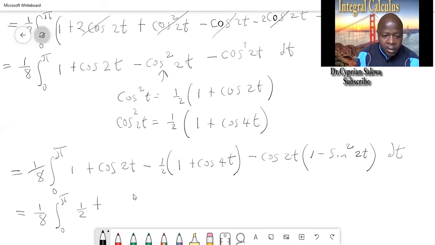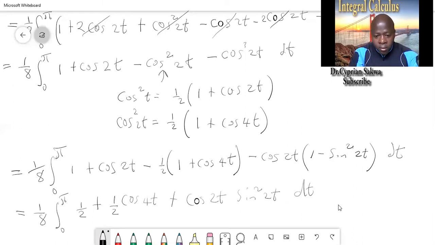Then what we are left with is a half cos 4t. So we are done with this, and the whole of this. We're also done with this part here. So we are left with this and that, which will give us plus cos 2t sine square 2t dt.